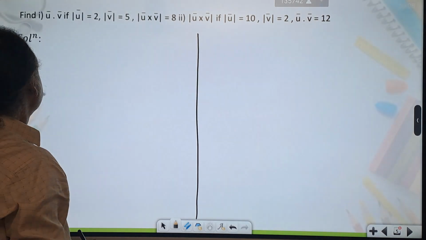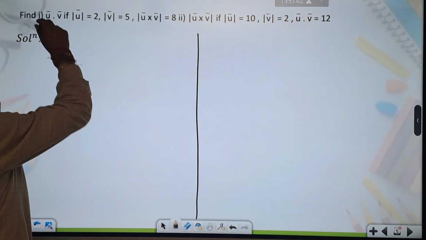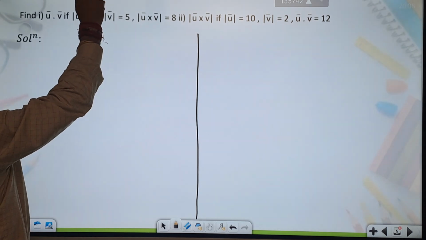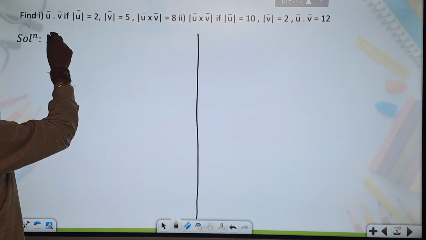So next problem number 3, find u dot v, if mod u bar is given, mod v bar is given, mod u cross v is given.